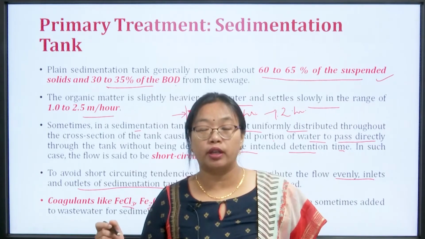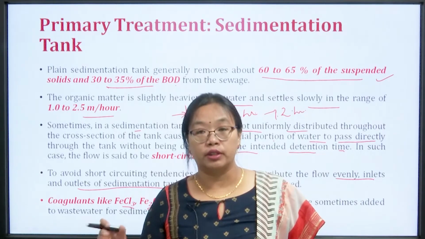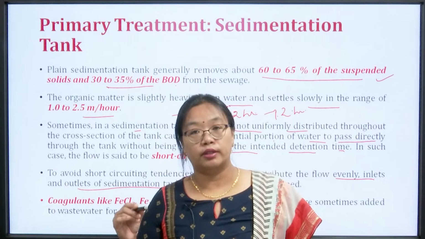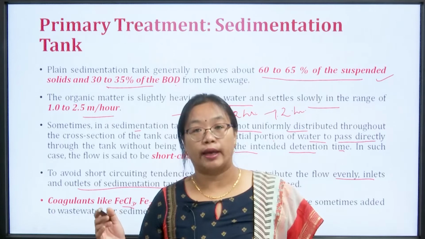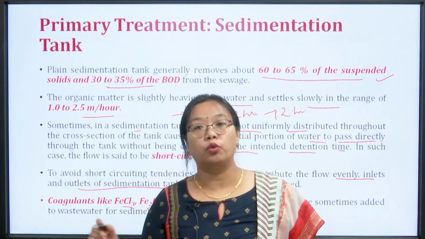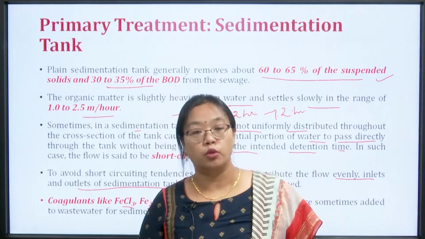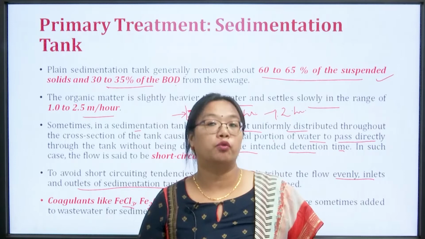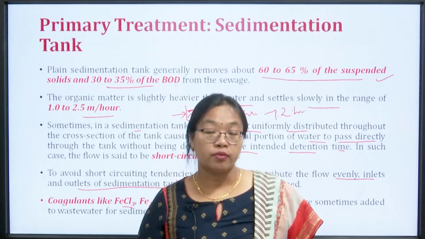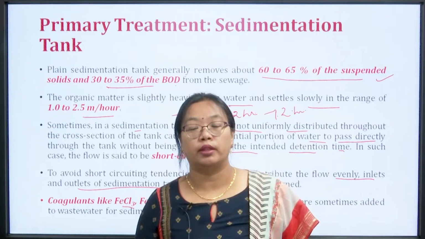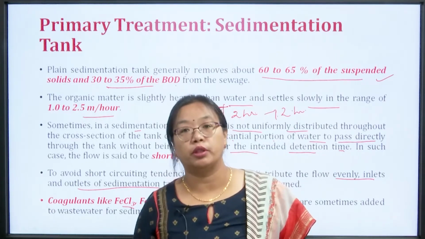If you go for trickling filters, the effluent from the sedimentation with coagulation tanks may have a very bad effect on the trickling filters. You do not want that. So, most of the time we simply go for plain sedimentation, and we do not go for sedimentation with coagulation for wastewater treatment. Sometimes they may, that is completely dependent on you, but in most cases we do not do it.